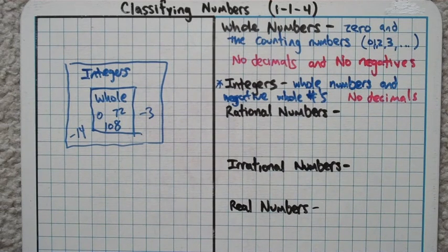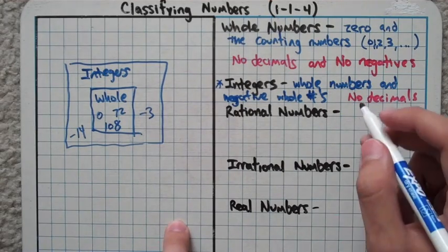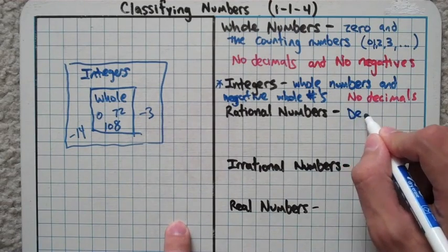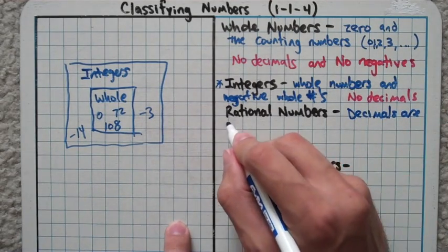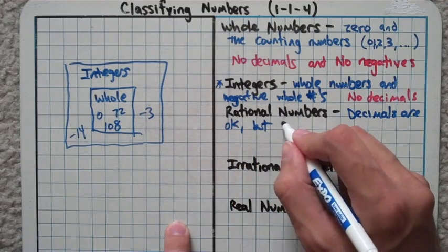My next vocab word on my list is called a rational number. And a rational number, there are two ways of thinking about it. The first, and the one that I think kids usually tend to do better with overall: when you're dealing with rational numbers, decimals are okay, but they have to stop or repeat.